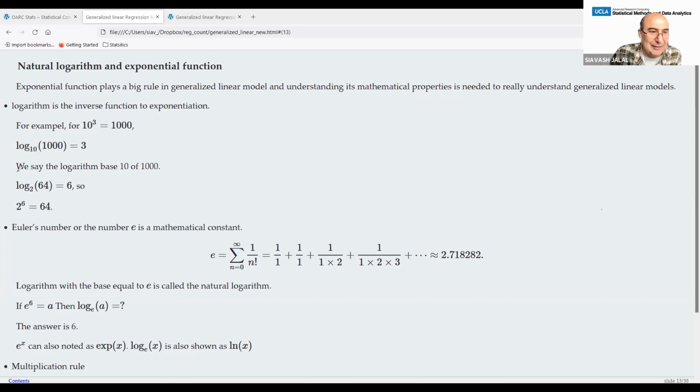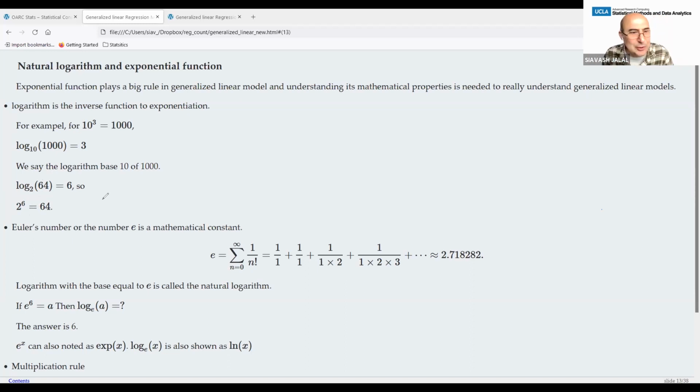We say the logarithm base 10 of 1000 is 3, right? Log base 2 of 64 is 6, right? If that's true, then that means 2 to power 6 is 64. So we can go back and forth from exponent to logarithm.